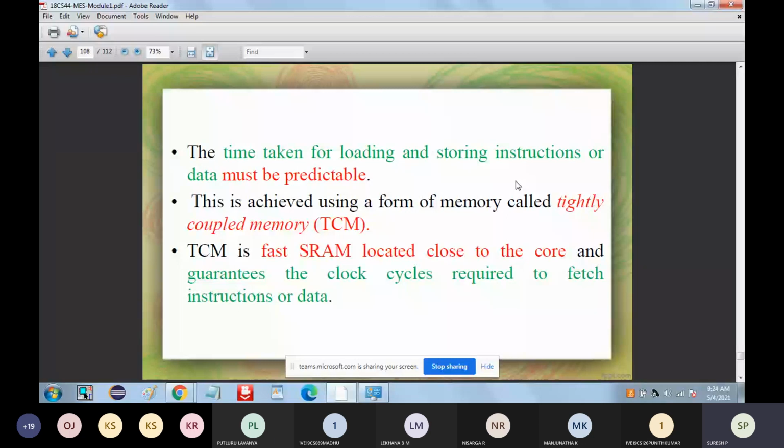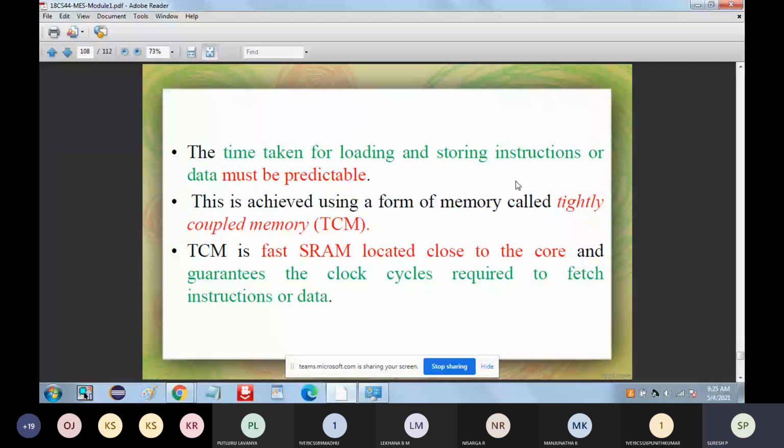Whatever loading and storing instructions are there, that particular timing should be predictable. That means within this particular period of time, it has to get the data from the memory and store the data from the register to the memory. Within this particular time, that process will be completed.